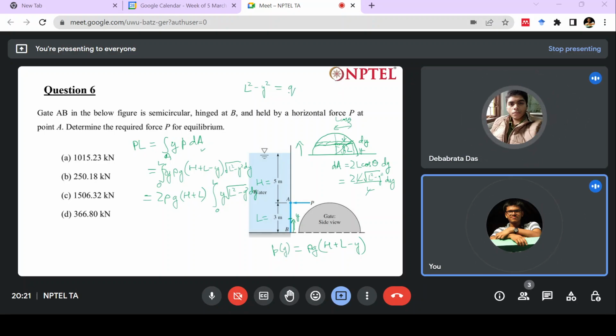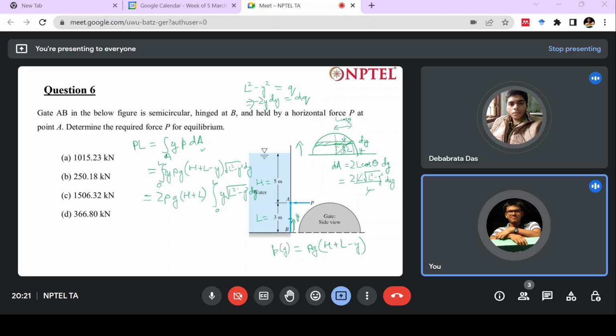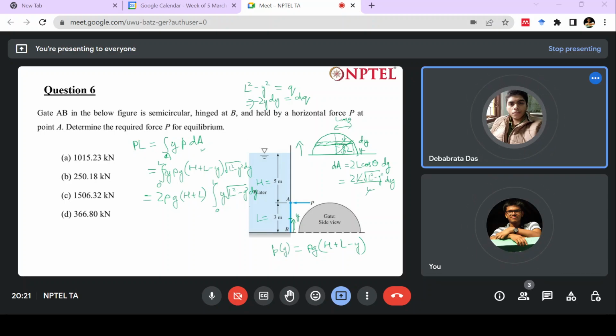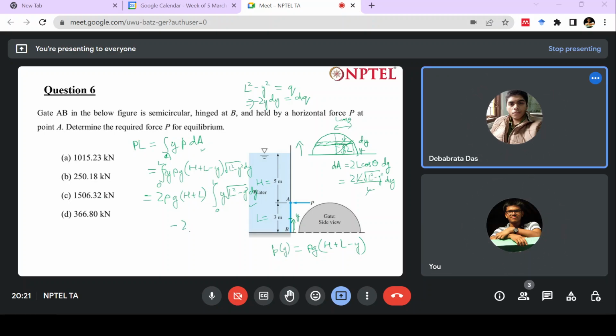If you substitute this as q, then minus 2y dy will be dq. Yes, sir. So you can use this to calculate this integral.